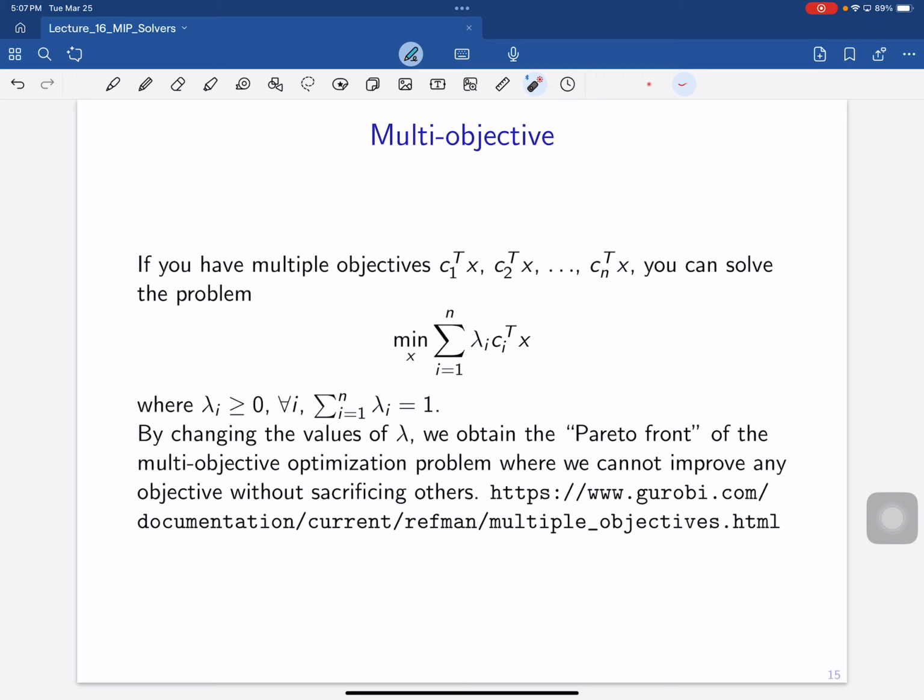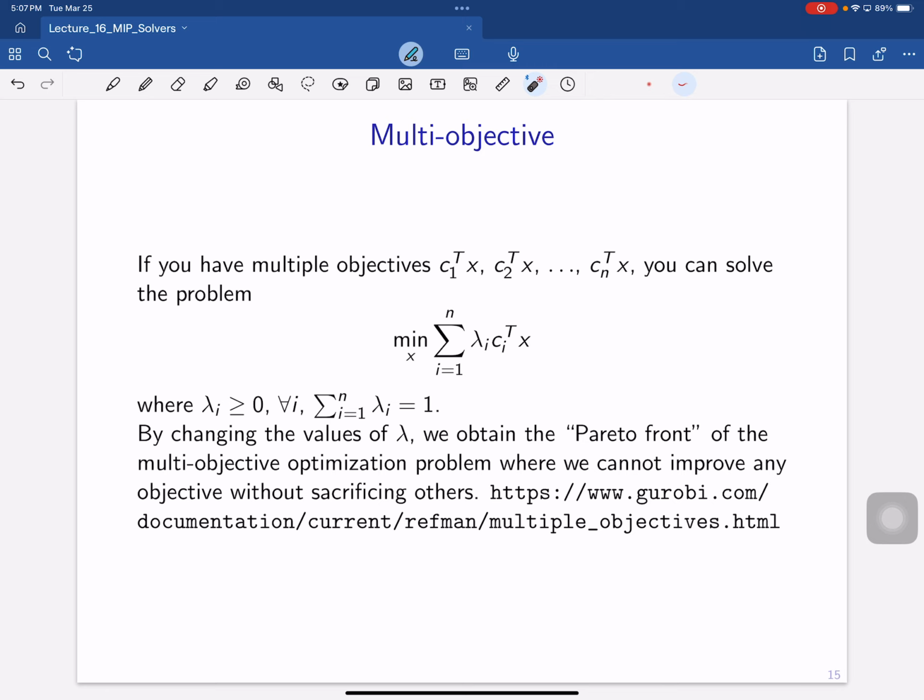Now, how do you decide the weights? It's really up to you which objective you really like. If you just want to minimize one of the objectives, then you put weight 1 on that objective and 0 on all the rest. But if you want to find some trade-off, you can change the weights and see what happens. So that probably can give you some idea of making decisions in your real life, right?